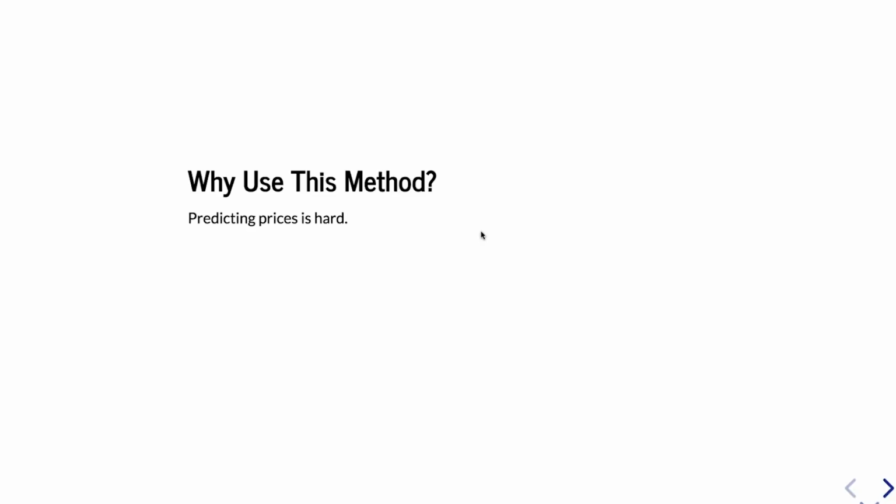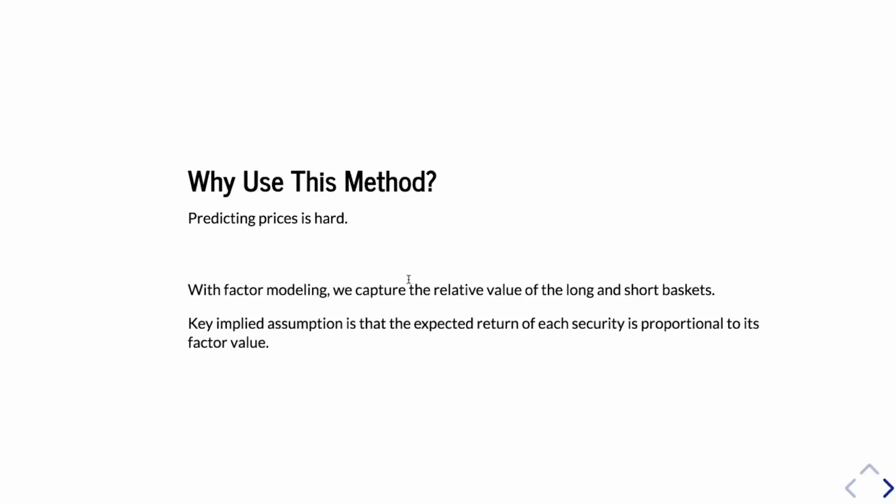So we're getting around this by doing something different. We're not trying to predict prices. We're instead trying to capture this relative value of the long and short baskets. And again, this key implied assumption is that the expected return of each security is proportional to the factor value. As long as these baskets spread apart from each other, we're going to make some sort of return as constructed. And that's a lot more convenient than trying to directly predict a price, right?